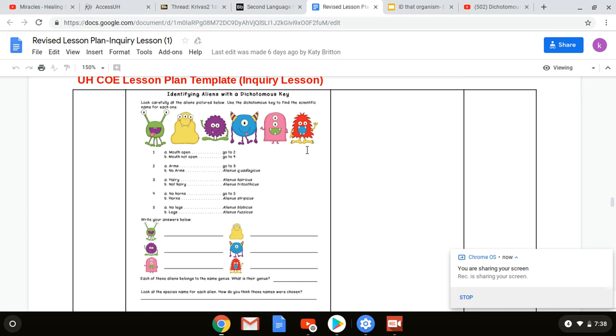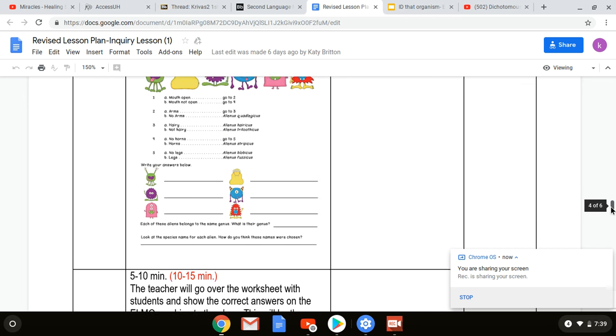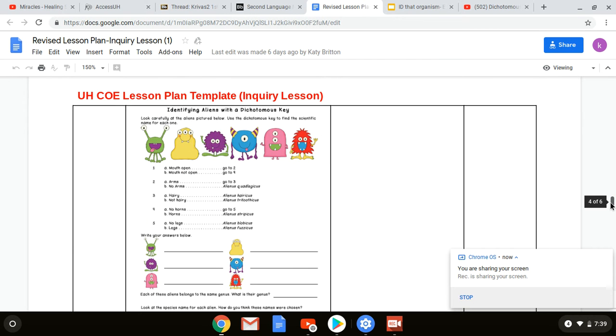Maybe translate it, or have a bilingual mentor teacher to help you with your ELA students so they can understand the activity. But again, you might not have that in your real classroom, so how are you going to make sure your ELA students can understand how to do the activity, even as a partner?